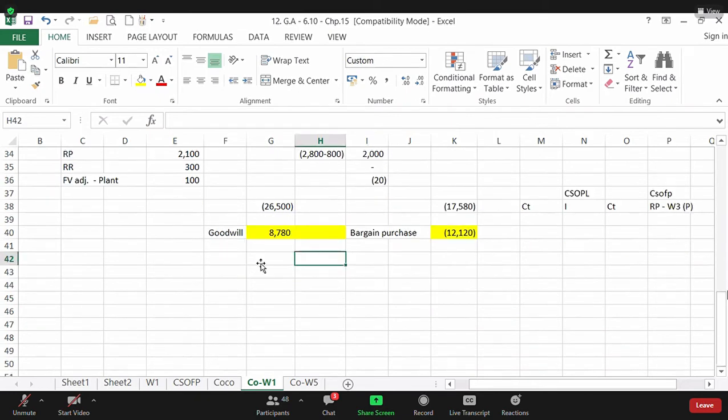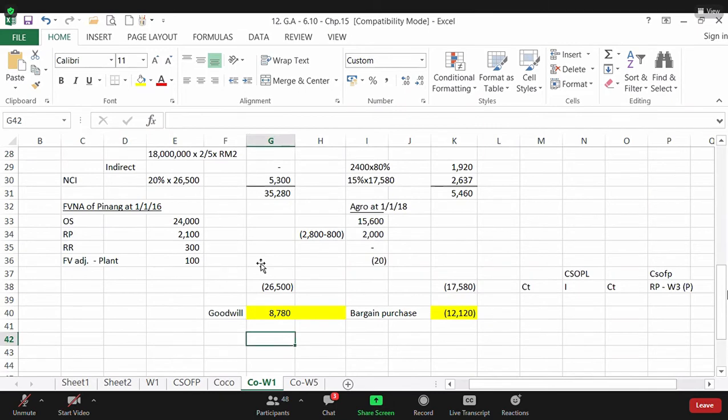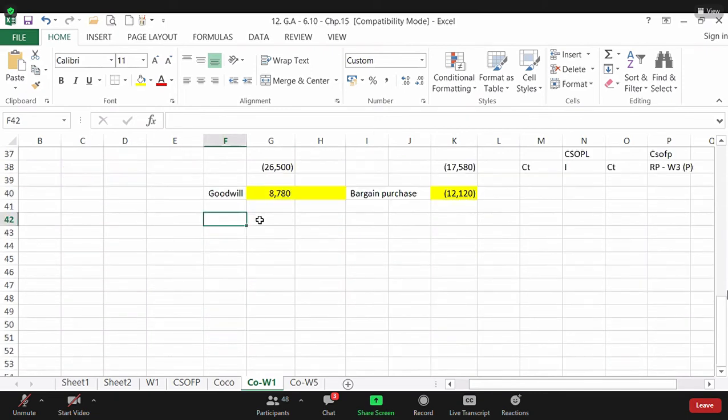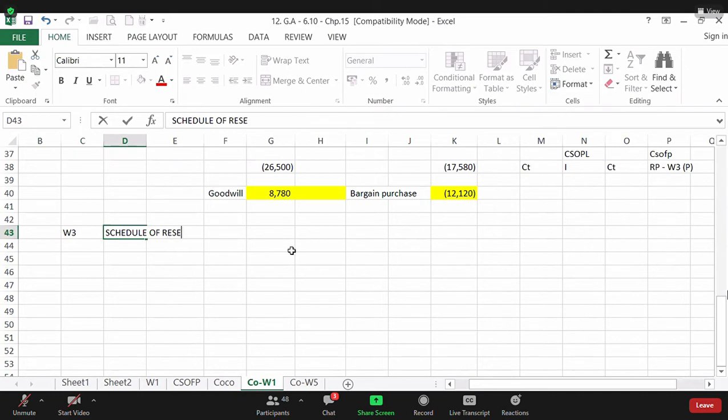So now I'm going to proceed about 5 to 10 minutes. We still have time. So now we have working 3, schedule of reserve. We do have two NCI, one for Penang and one for Agro.